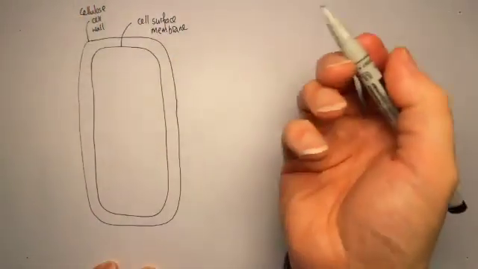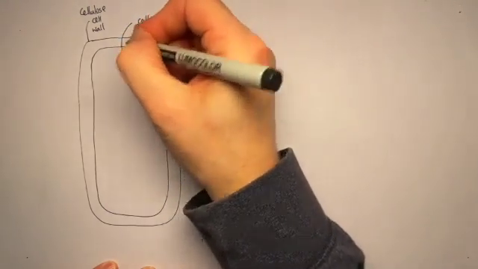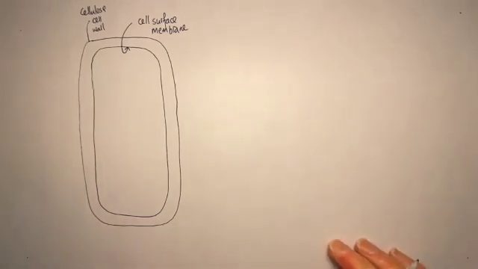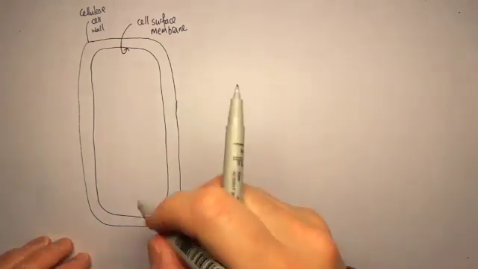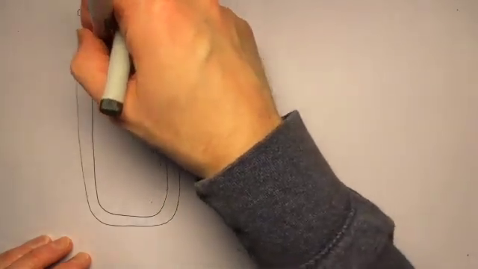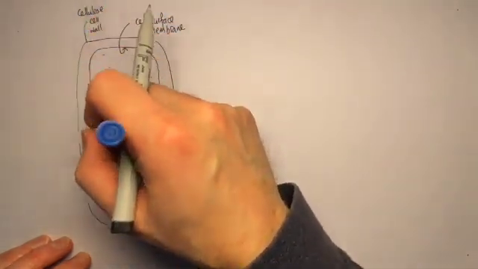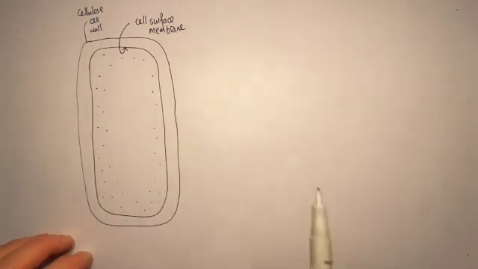Now normally we can't see the cell surface membrane, so often we could draw it like that to show that the membrane is pushed right up against the cell wall. Inside the cell surface membrane is cytoplasm, and I'm just going to draw that with a few little dots to show other organelles that might be present, such as ribosomes, mitochondria, ER, things like that.